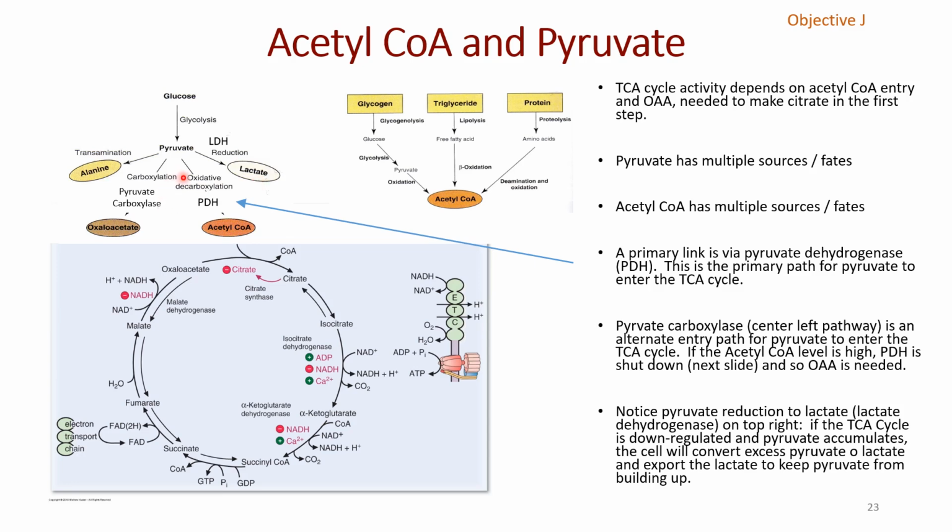That's the case where you don't have mitochondria, or that's a place where your TCA cycle is running so slowly that you don't need oxaloacetate or acetyl-CoA. And then the last thing you can do is you can say, well, pyruvate can be transaminated. You can go through a reaction that takes that 3-carbon skeleton and turns it into an amino acid. And then alanine can be used for a variety of processes.